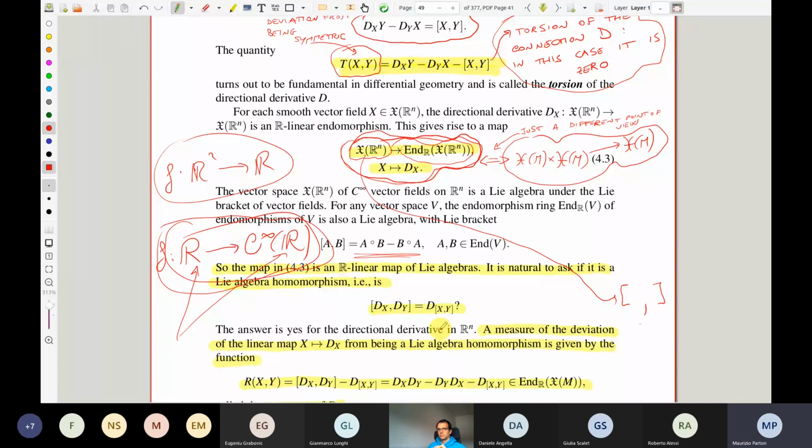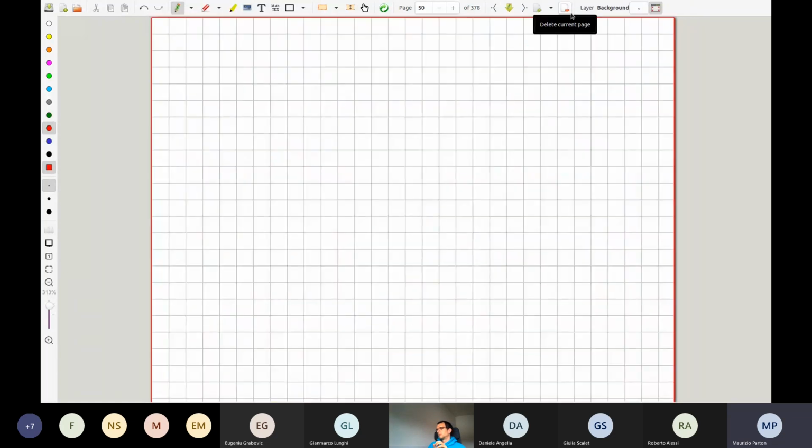That means, is taking the Lie product as an endomorphism the same as taking the Lie product as vector fields and then applying the map? What I'm asking is the same as taking R with the sum and R plus with the product.